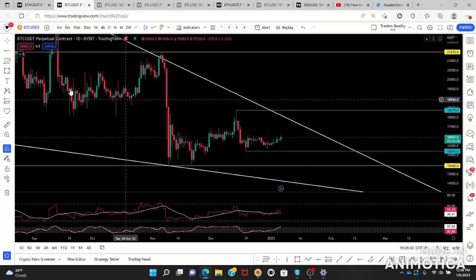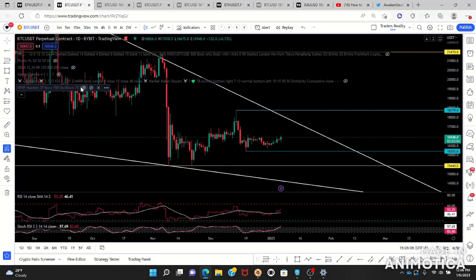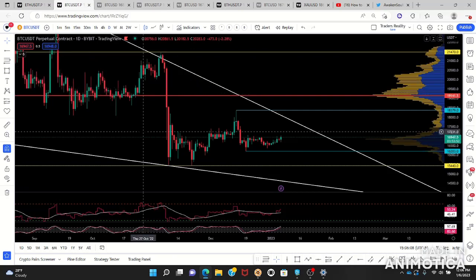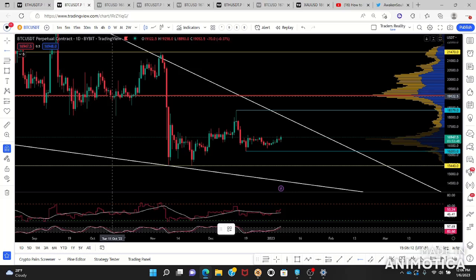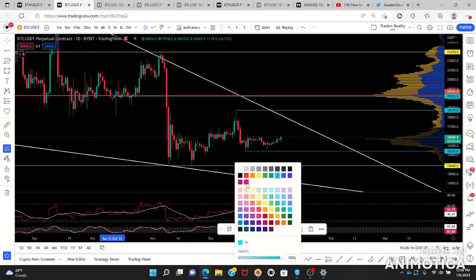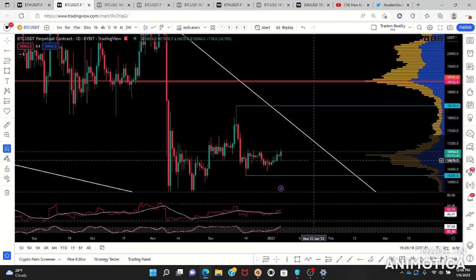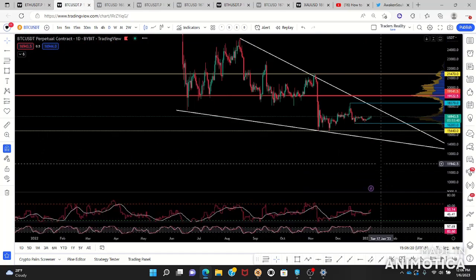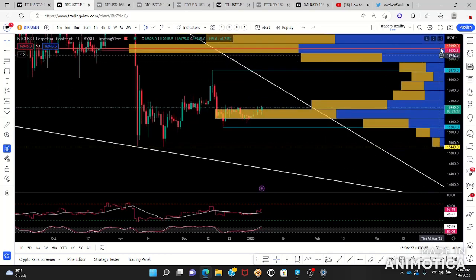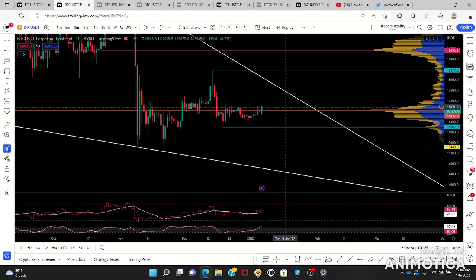Okay, once you find your range, let's go in and find your point of control. So I have a top point of control here from this zone, if I'm not mistaken. See how it just moved?